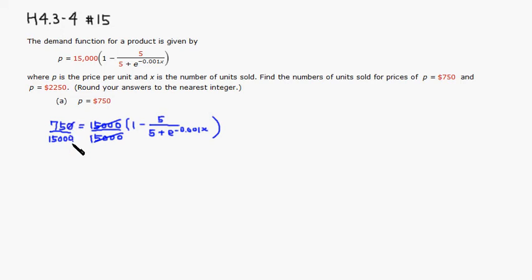A 0 cancels out with a 0 here, 75 and 150 would be 2, then there's one more 0. So 1500 divided by 75 is 20. So it's going to be 1 over 20. So we get 1 over 20 is equal to 1 minus 5 over (5 plus e to the negative 0.001x).